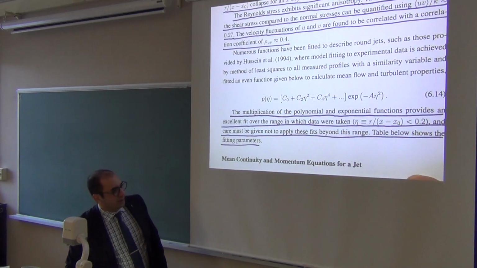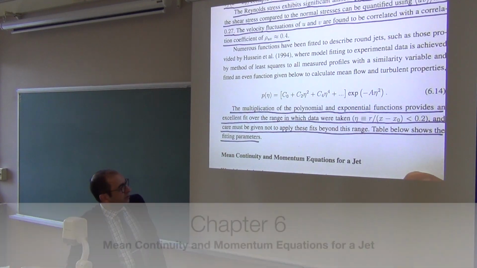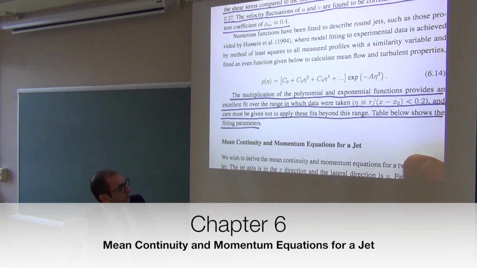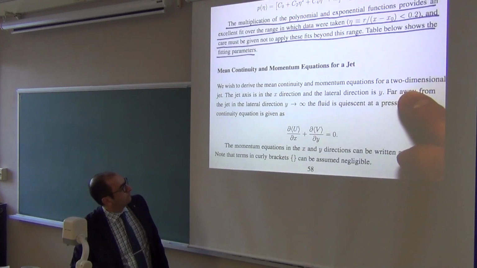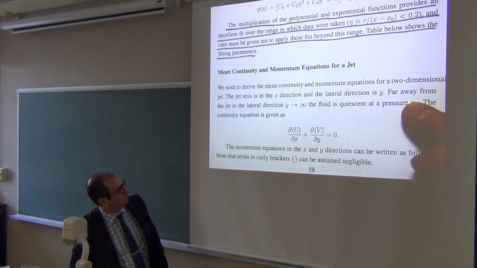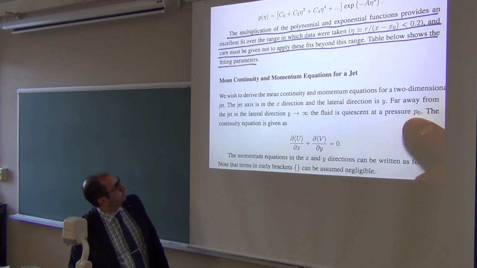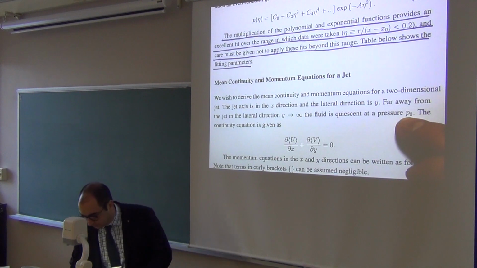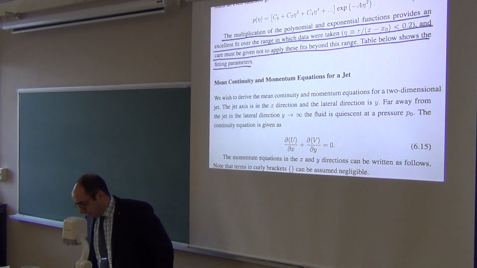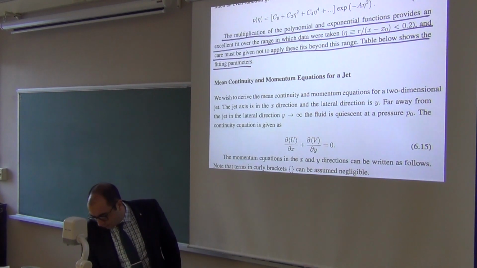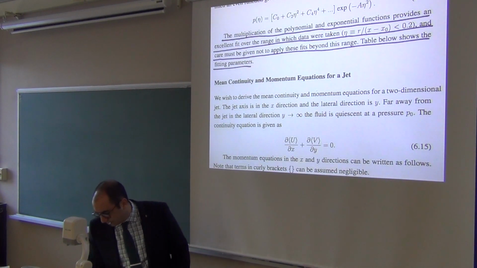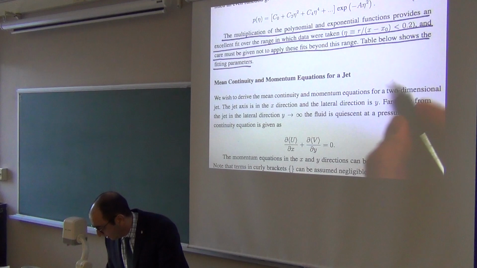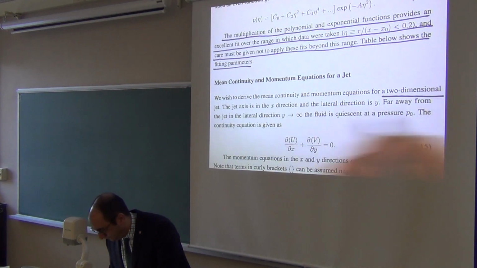Now that, as promised, I will show you the mean continuity and momentum equations for a jet. Mean continuity and momentum equations. So now we wish to derive the mean continuity and momentum equations for a two-dimensional jet. So be careful, we're going to make the case simple.